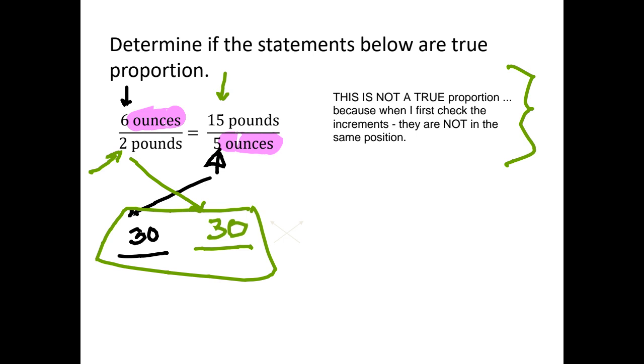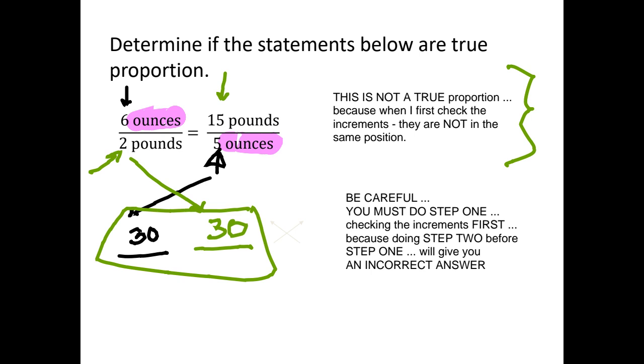Okay. You have to check the increments because as you see here, and Pearson's going to do this to you, this numbers, that's step 2. I don't cross multiply until I confirm the increments. So be careful with a true proportion. Increments go first. Then I cross multiply.